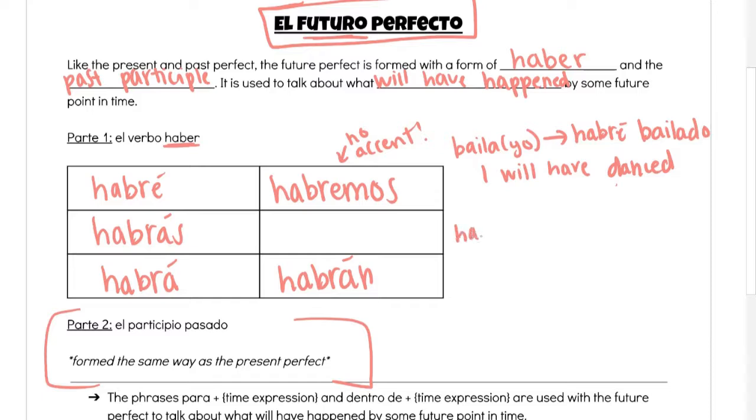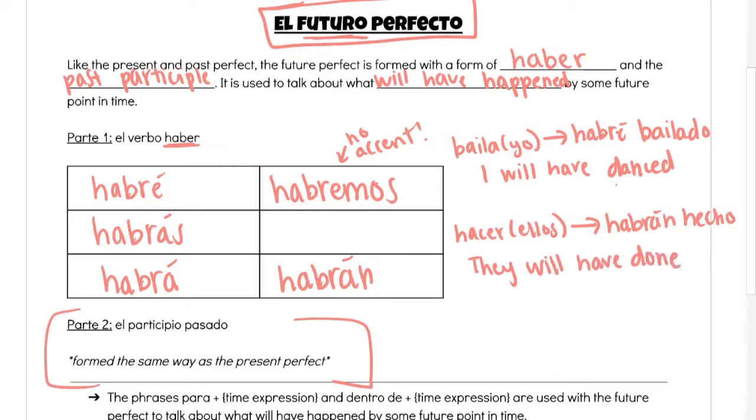Or hacer, ellos, habrán hecho, they will have done. And that is how you conjugate verbs into the future perfect.